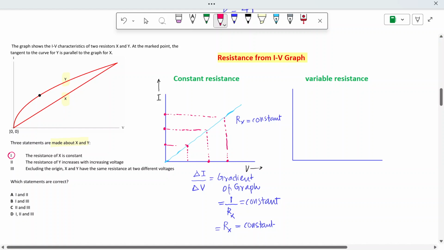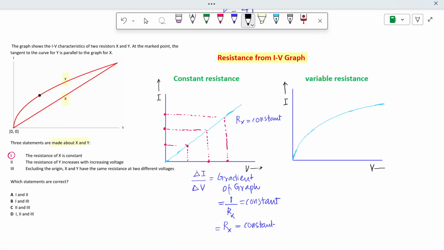And secondly, now I am going to show you this curved graph, which looks like this. Now, this is a current-potential difference graph, and you already know that the slope or the gradient of this graph is equal to 1 over resistance. Since we are examining the resistance for Y, that is Ry.